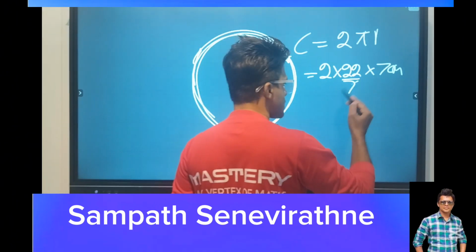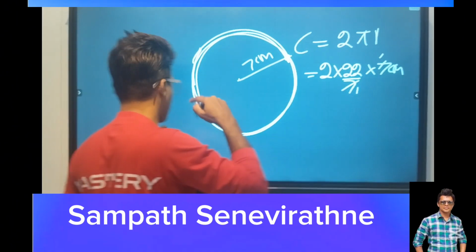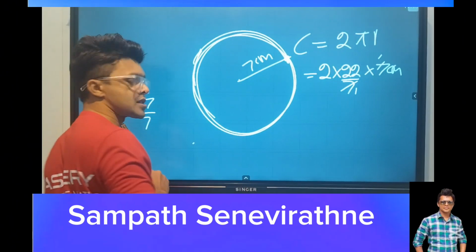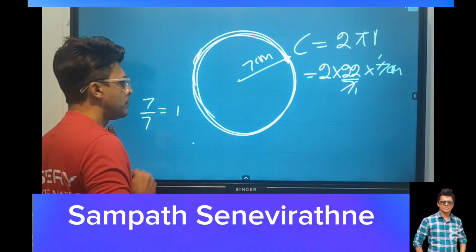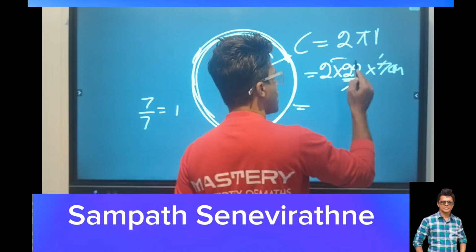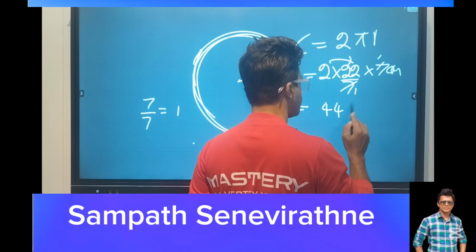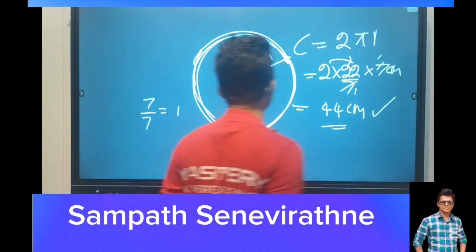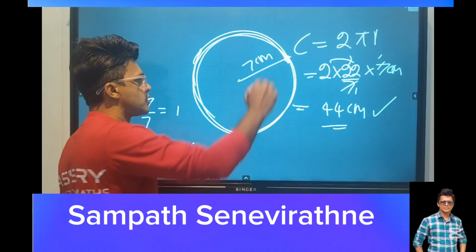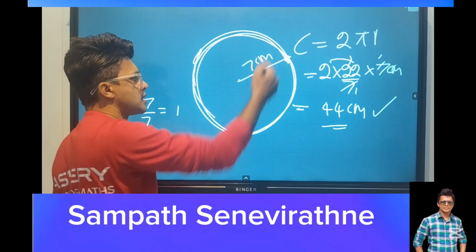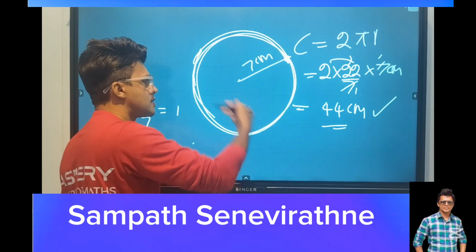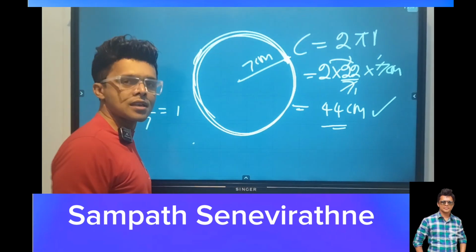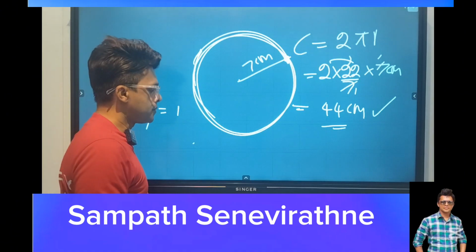Now this 7 and this 7 can be cancelled out, which means 7 divided by 7 is 1. So 2 times 22 is 44. The circumference of this circle is 44. So the distance from here to here, this curved part, is 44 cm.